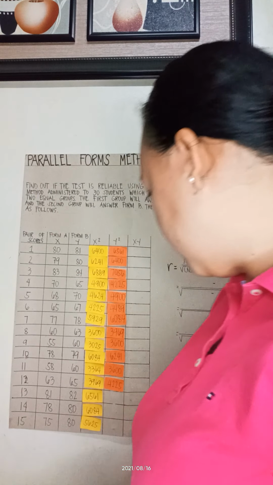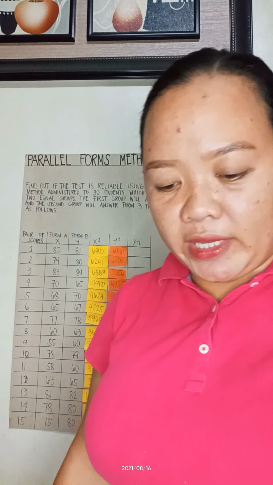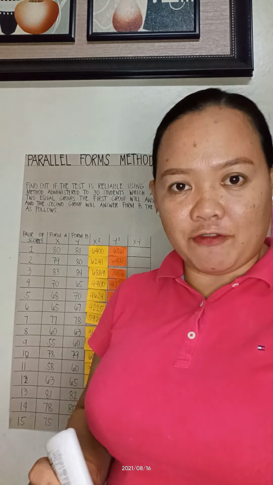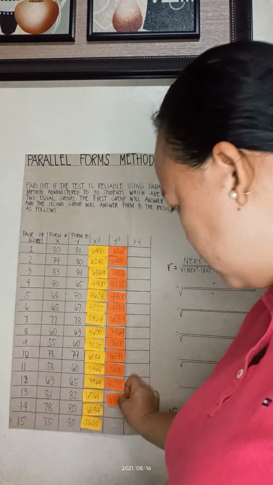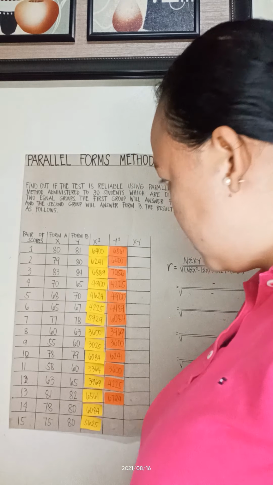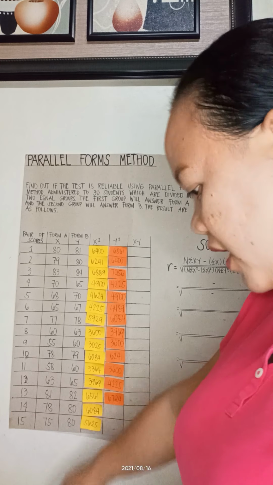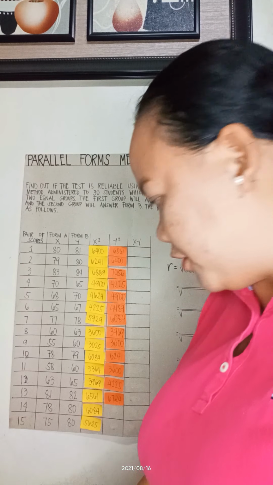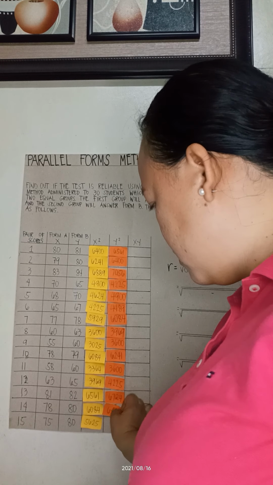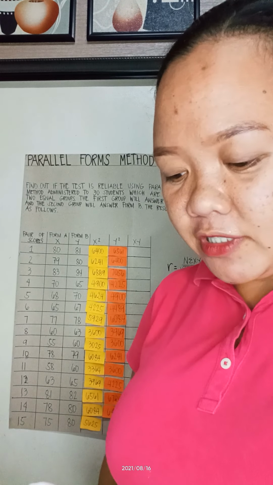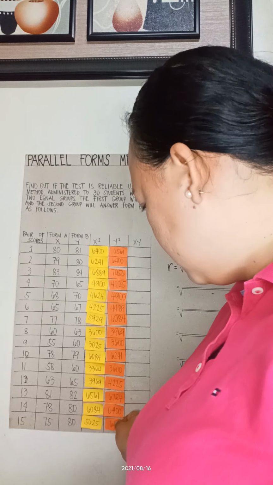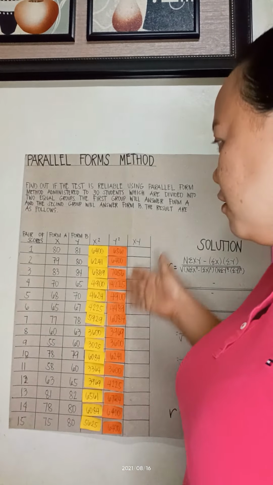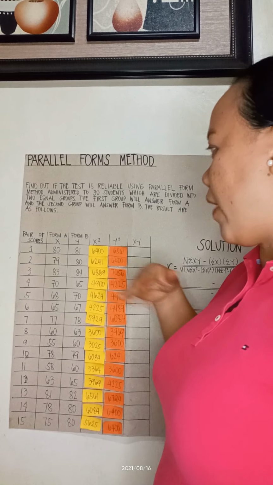Next, 82 times 82 is 6,724. Next, 80 times 80 is equal to 6,400. And 80 times 80 is 6,400. Very good. So we already have the answers for y squared and x squared.